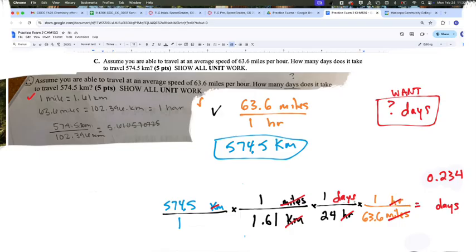It's specific. No. Why is it not good? We got to worry about sig figs. How many sig figs should show up in our answer? Ooh, and this is fun. All right, we wrote a bunch of numbers down here so we could go through and look. This 574.5 has how many sig figs? 4. 1.61?